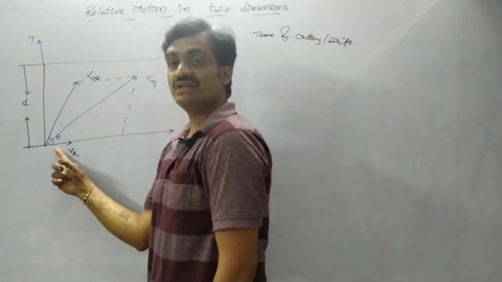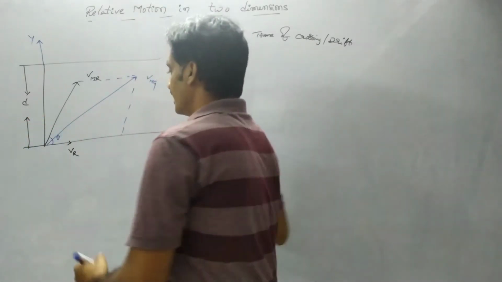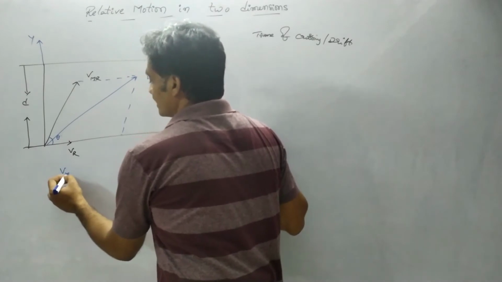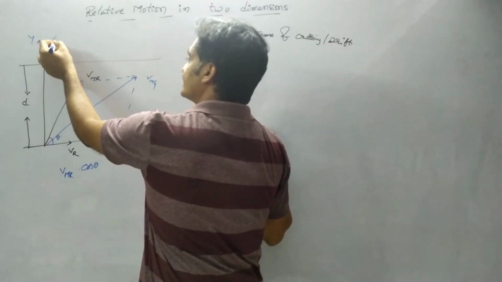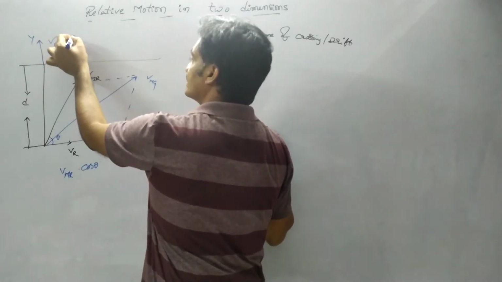As it makes an angle of theta, it resolves into components v suffix mr cos theta and v suffix mr sin theta.